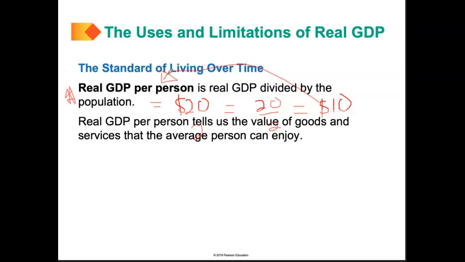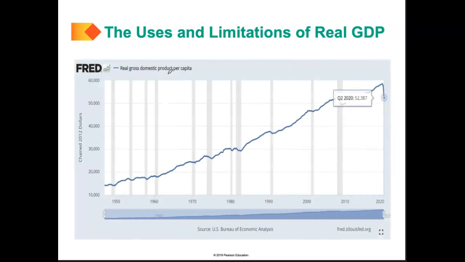So in that sense, we can find what the living standards of a person in a country generally are. Let's look at the United States. The real GDP per capita, the real GDP per person, in the United States as of the second quarter of 2020 is 52,387.